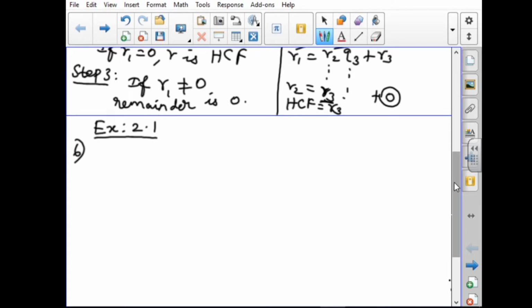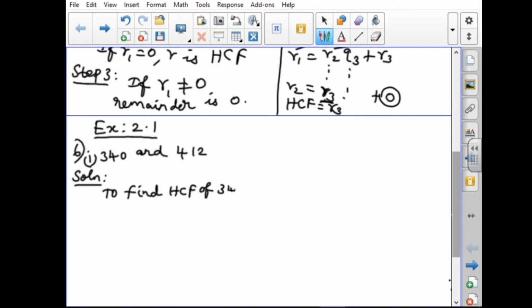How to write the first one? 340 and 412. Solution: to find the HCF of 340 and 412.